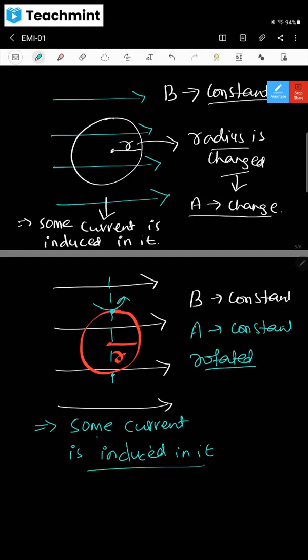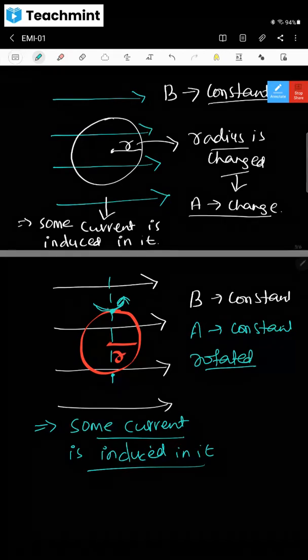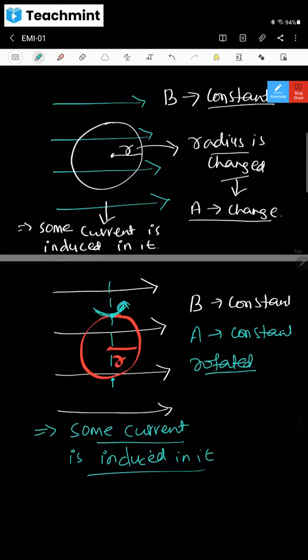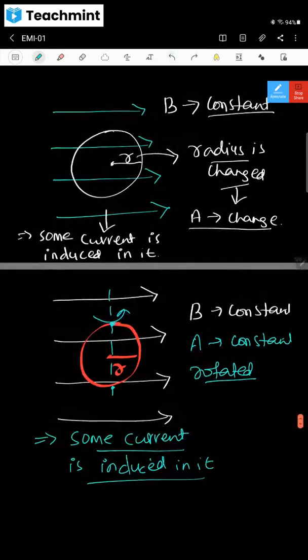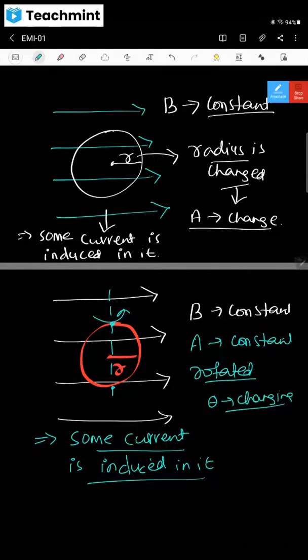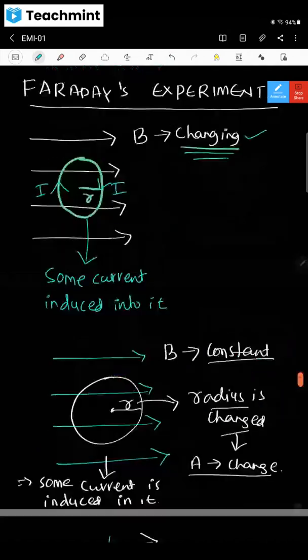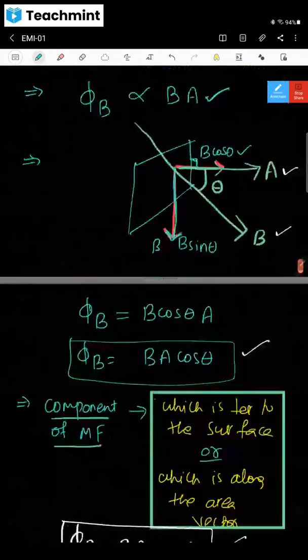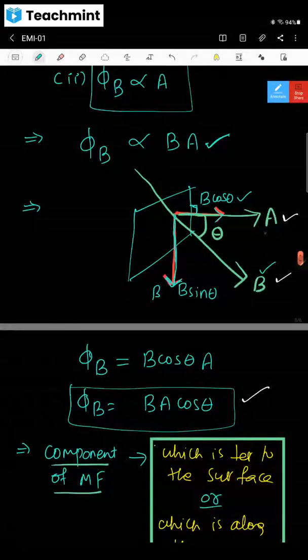So now what is happening here, dear children? Now that it is rotated, don't you think the angle between area and magnetic field is changing? This circular loop is continuously rotating, so this theta is changing, or not? What is theta? You have already seen, this theta is the angle between B and A, right?